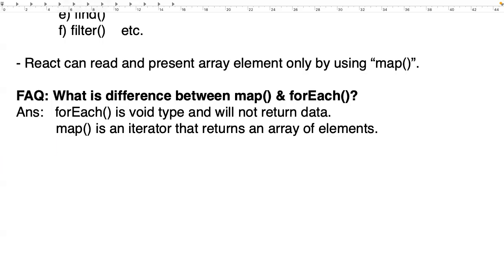So that is the difference. forEach will work for every element, but it will not return the element. Map will work for every element by returning that element.